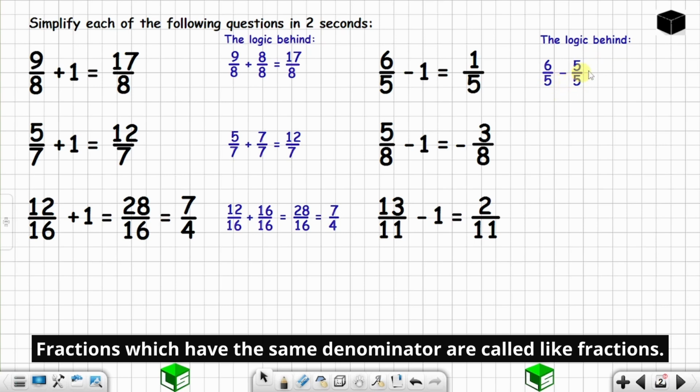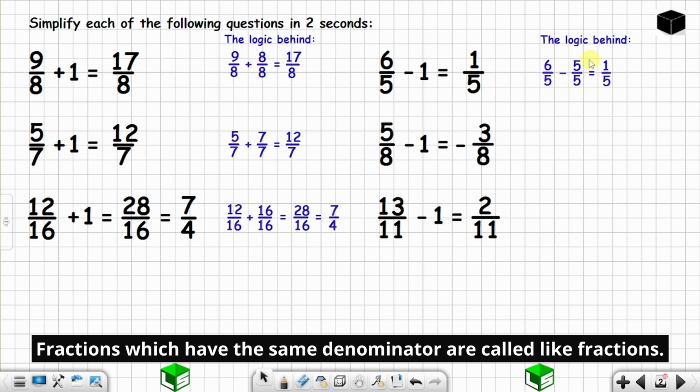Now you have like fractions, which have the same denominator, so you subtract your numerators. 6 minus 5 is 1 over 5.